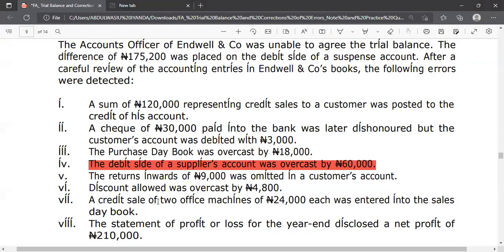Discount allowed was overcast by 4,800. Someone made mention of it there, I think it's Mr. Akim, that discount allowed is an expenses account. Since the expenses account was overcast, that means we need to reduce it, and to reduce it we have to do credits.